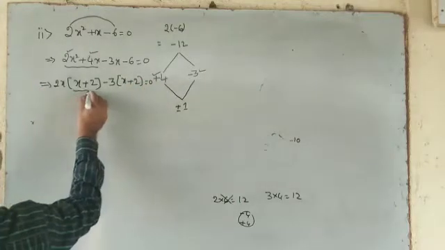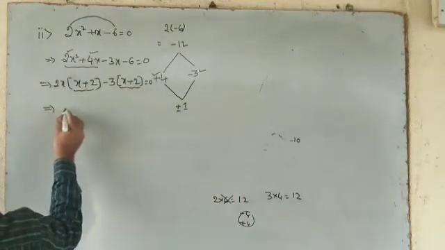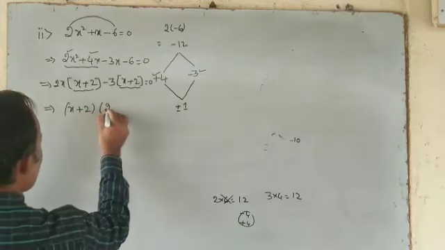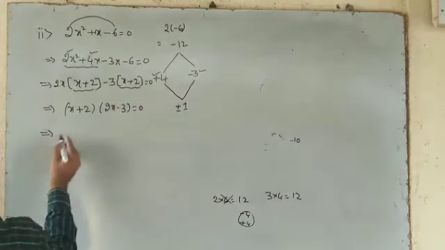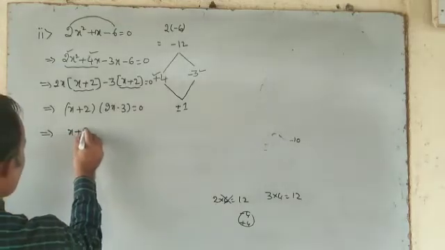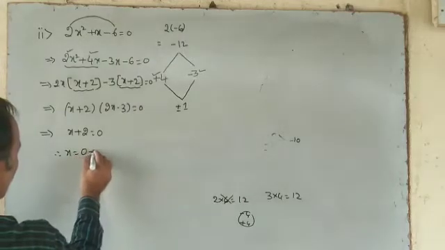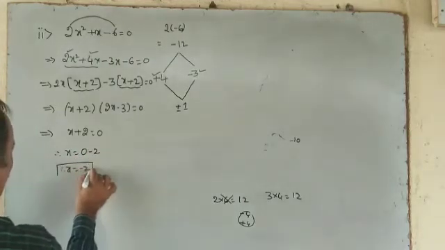Next, x plus 2 is common, correct? So which implies x plus 2 is common, remaining 2x minus 3 is equal to 0. Consider one by one. So x plus 2 is equal to 0, therefore x is equal to 0 minus 2, therefore x is equal to minus 2.